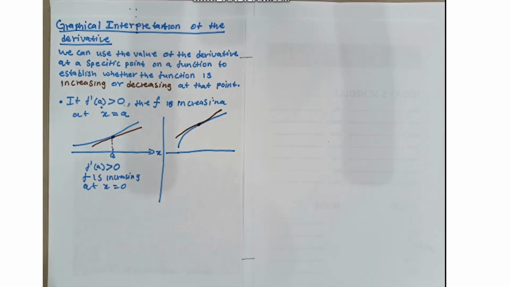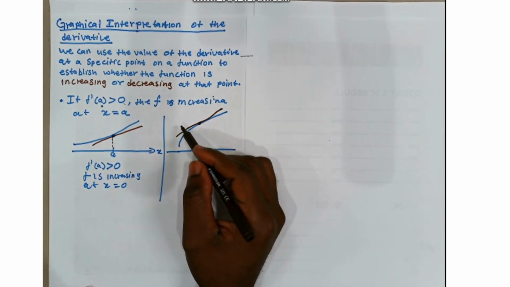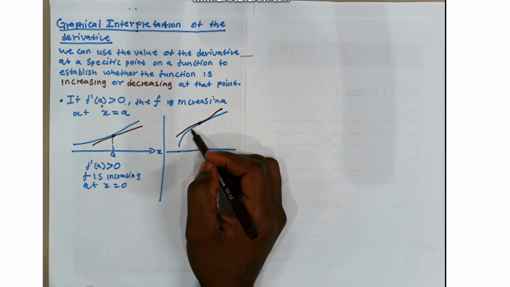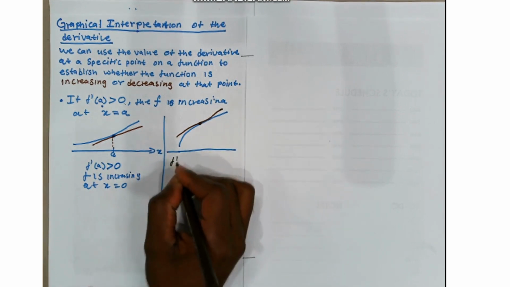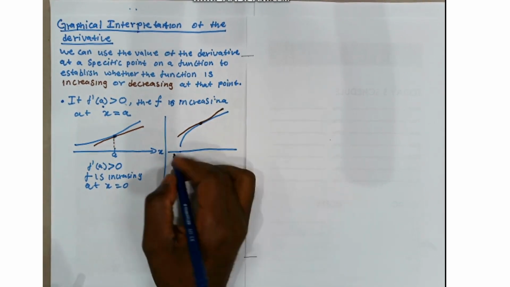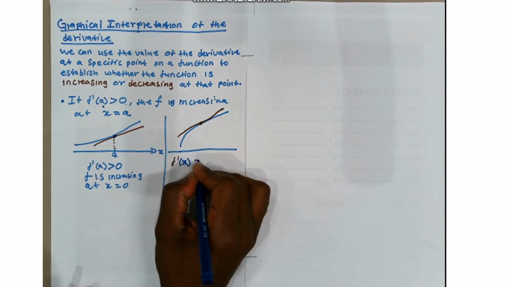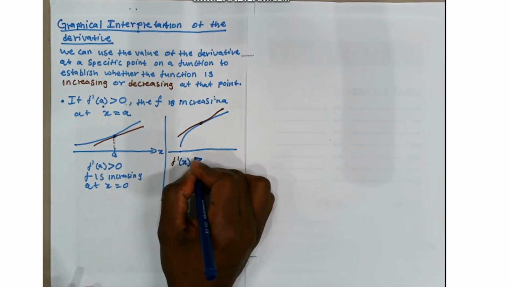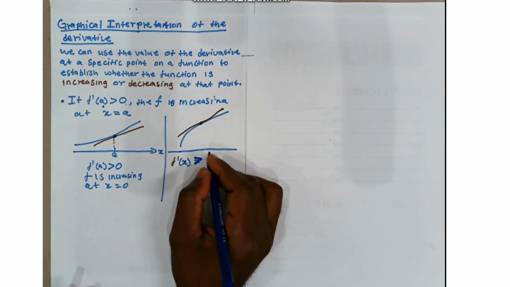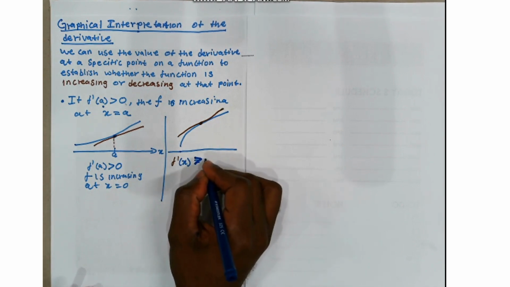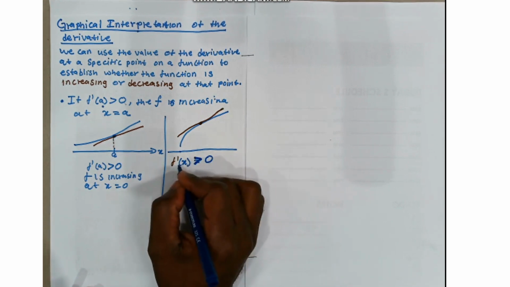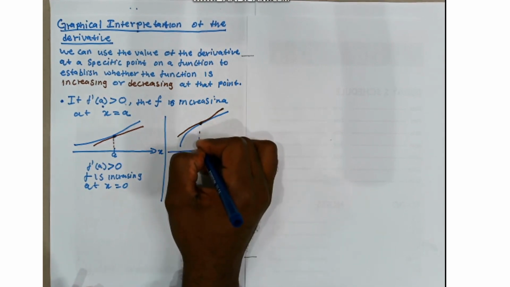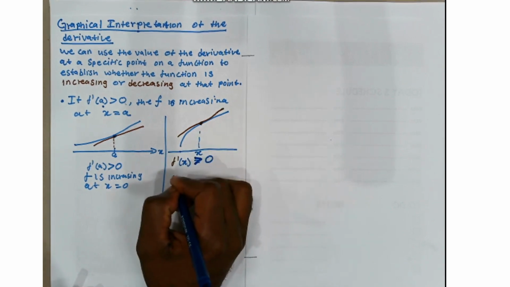When you look at this graph from here, going up, going up, going up, it is increasing, meaning our f prime of x is greater than 0.